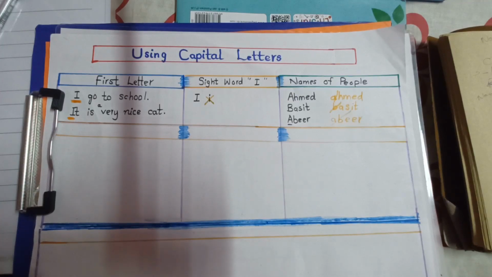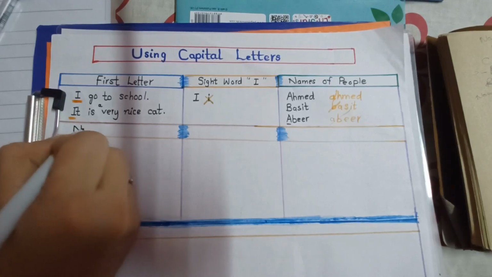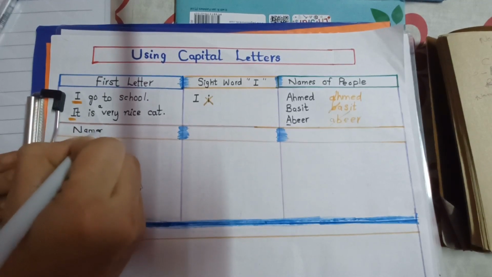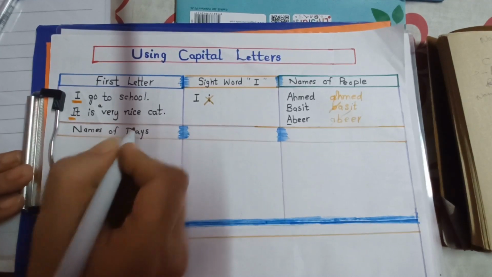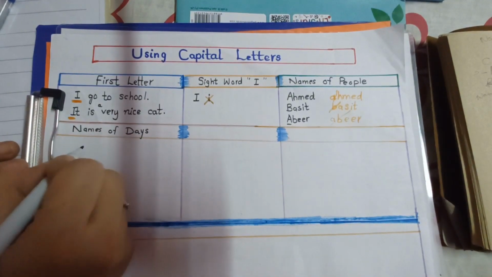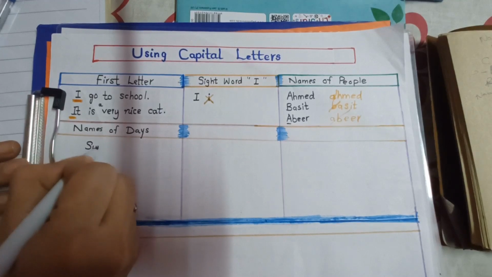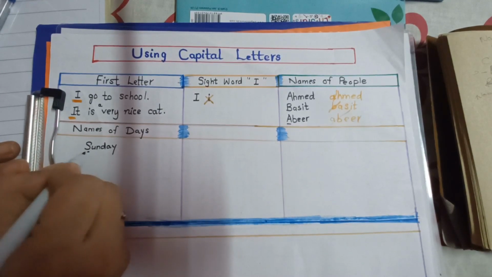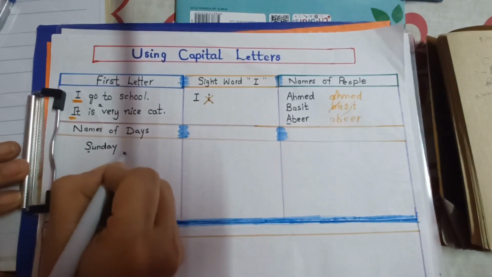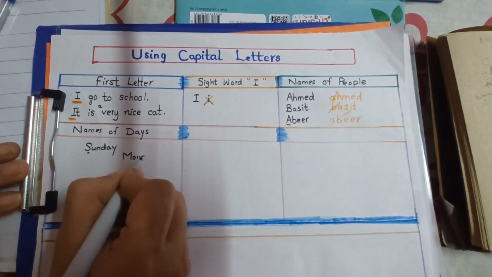Okay, the next one, names of the days. Days of the week. Sunday should be capital. Monday, M should be capital.